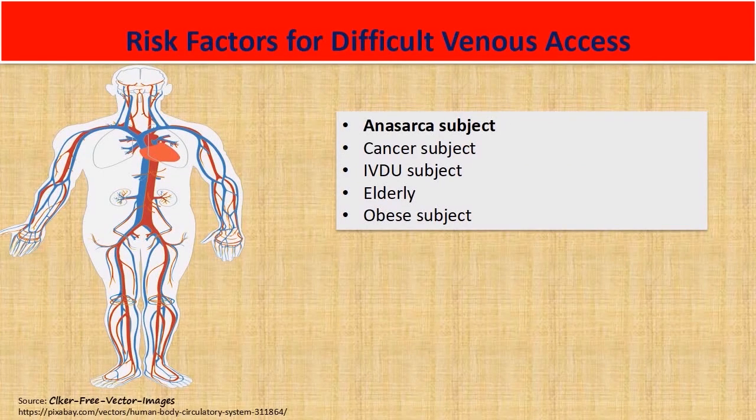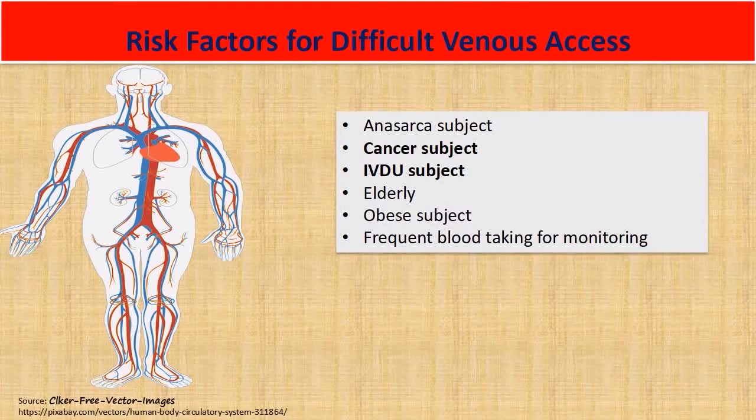Before I take you through the potential complications of difficult venous access, allow me to explain to you briefly what kind of patients are generally susceptible to these problems. I think the first type of patients that we normally see in clinical practice will be patients that are anasarca. In other words, they have general body swelling. Therefore, they wouldn't have visible or palpable veins for you to perform your venous punctures or Veronas setting.